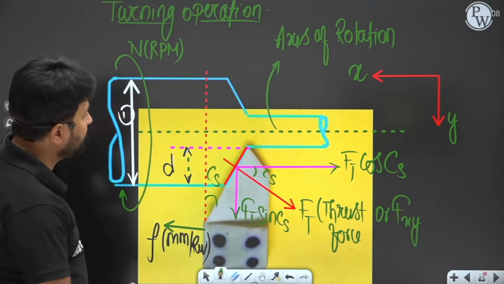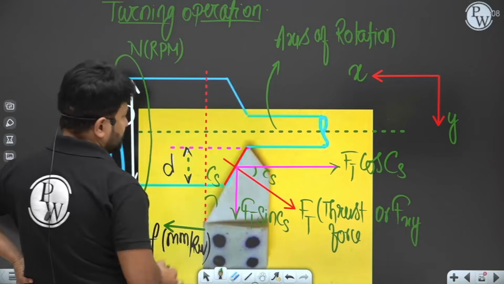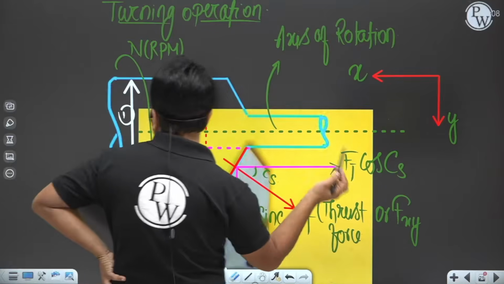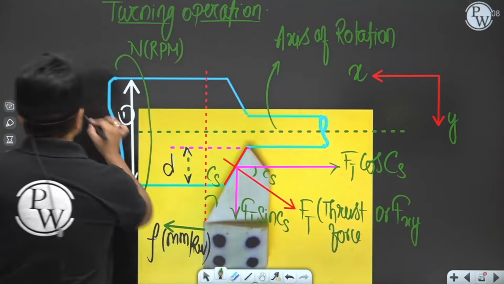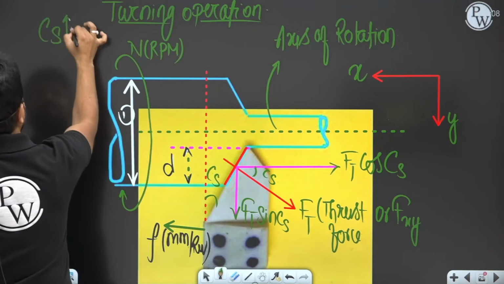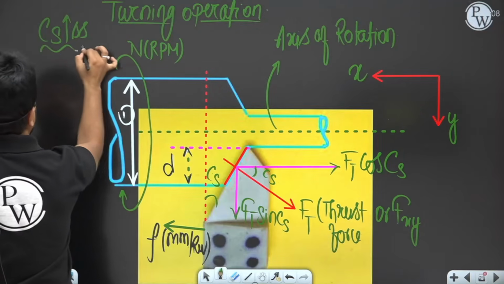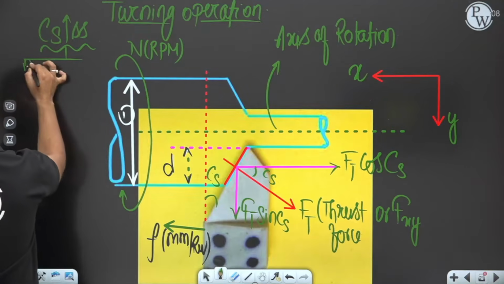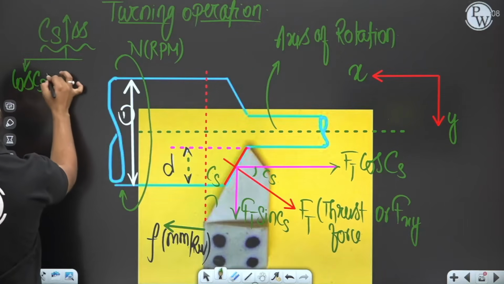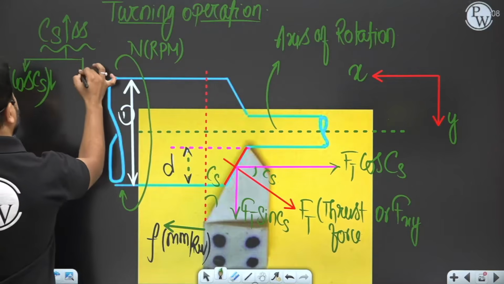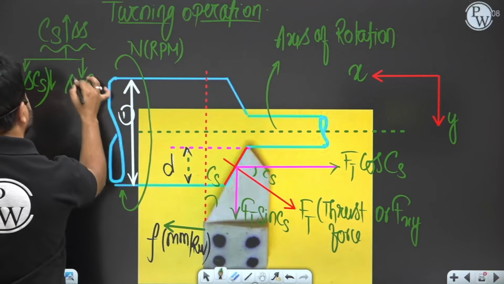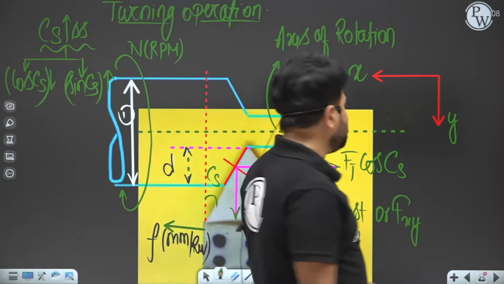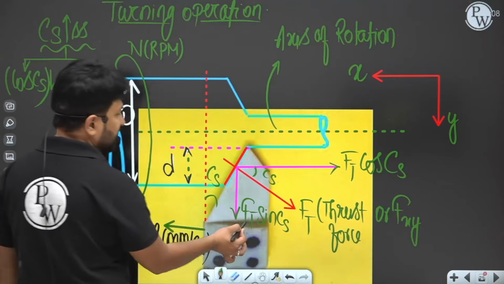Now, if you increase the value of Cs, then cos Cs is going to decrease, and sin Cs is going to increase, and sin Cs is multiplied with Ft.